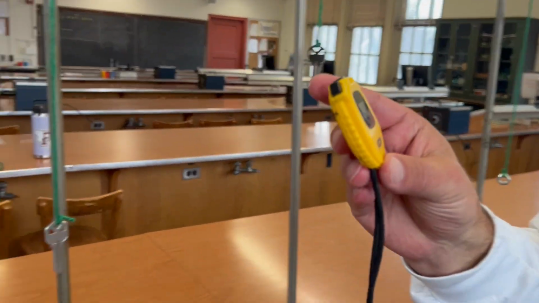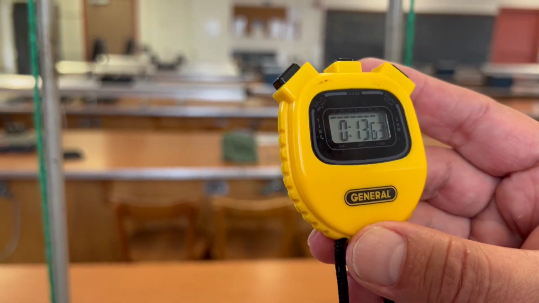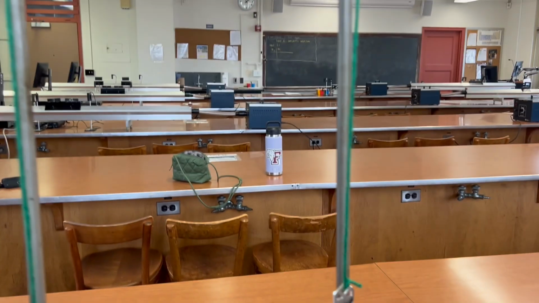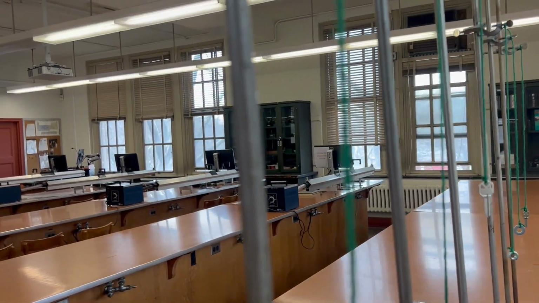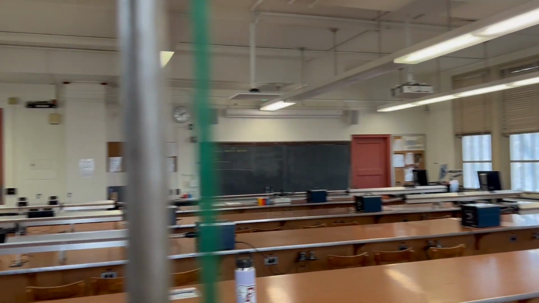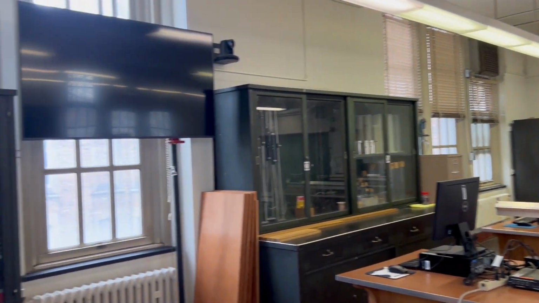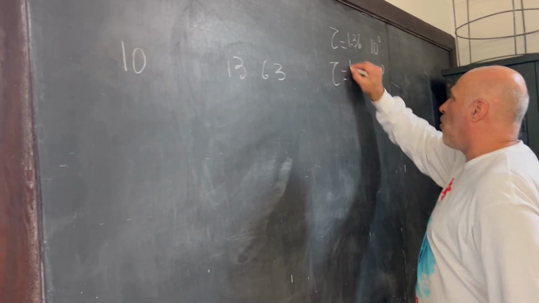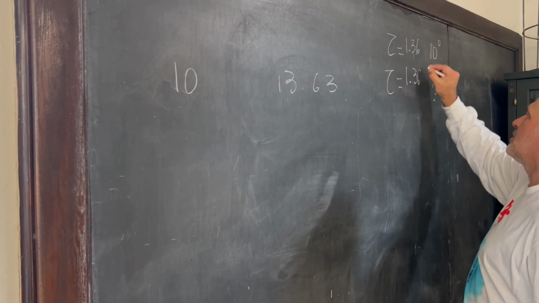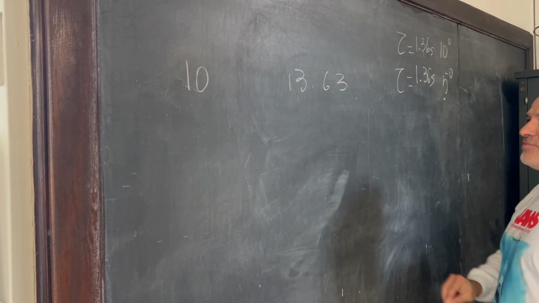So again, 13.63 seconds. So exactly the same amount. So for a 5 degree amplitude, tau again is 1.36 seconds.